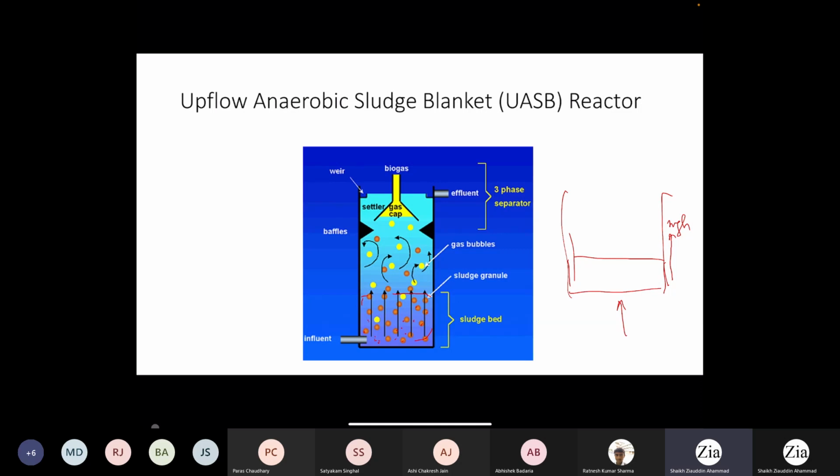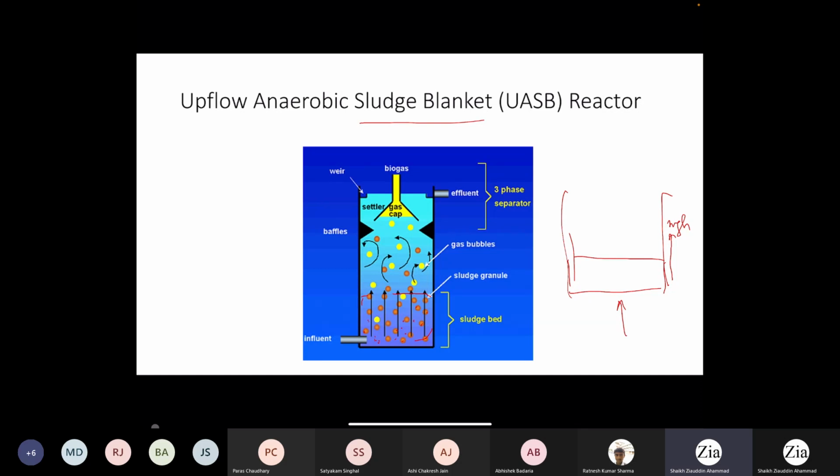As it works like a moving bed or moving blanket kind of system, that's why it is called upflow, because the flow is in the upward direction, the system is anaerobic, and the sludge blanket is essentially helping in degrading the wastewater. That's why this reactor is known as the upflow anaerobic sludge blanket reactor.